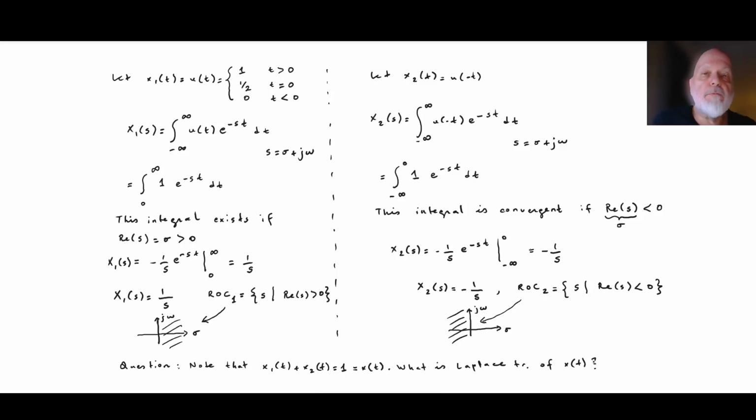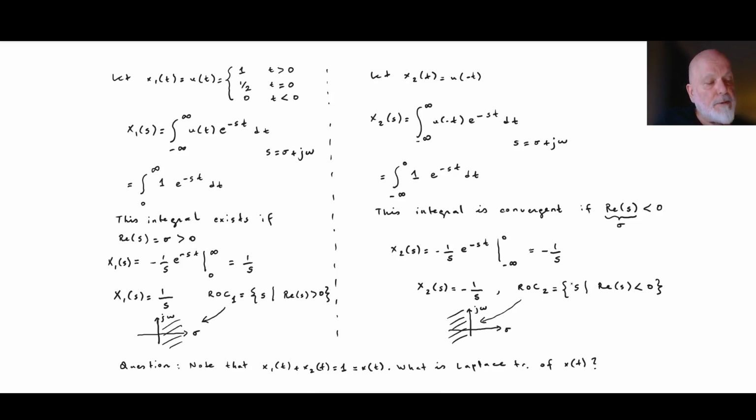Now, can we do the following? Can we add x1 of S and x2 of S and claim that we obtain the Laplace transform of the sum of x1 of t and x2 of t? We cannot do that because x1 of S has the region of convergence specified as the subset of the S-plane satisfying the condition real part of S greater than 0.